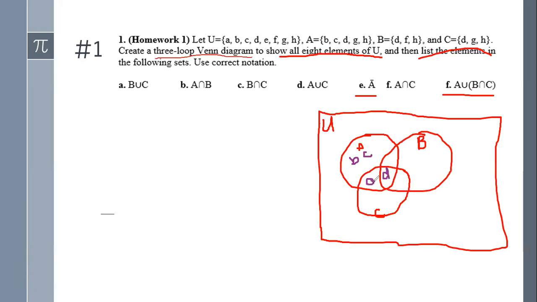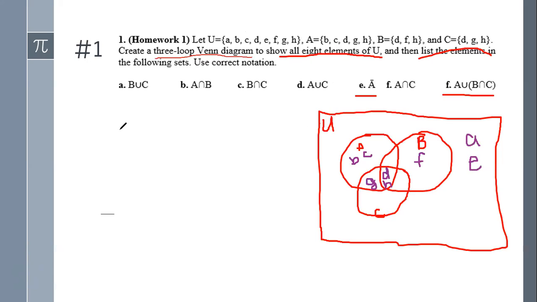Might help if I finish the G. Then we got H. Looks like they all share H. All right, so B, is there anything we haven't used yet? There's F. And we've used all 3 of C. But let's go back to our U. We haven't used A or E.